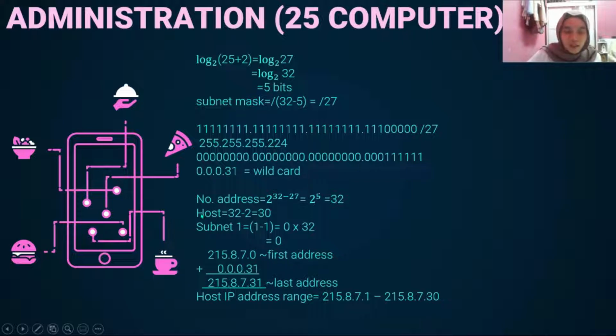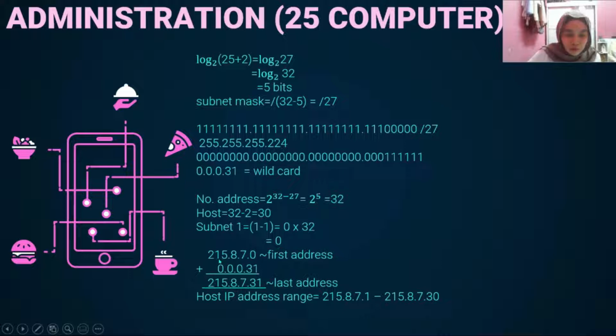Next we find the host address, which is taking the number of addresses available, 32, minus 2, and you will get 30. Because this is the first subnet, you take 1 minus 1, you will get 0, multiply by 32, which is the number of addresses, and you will get 0.